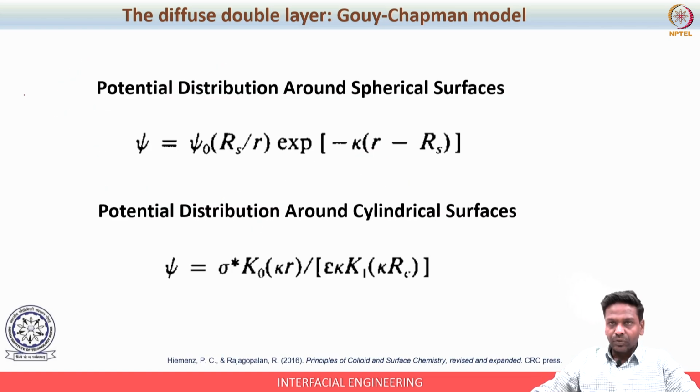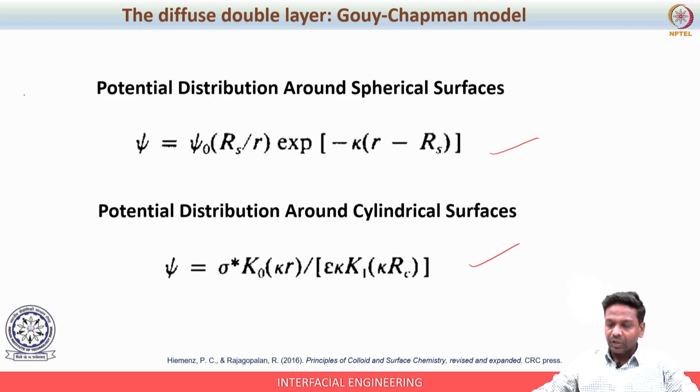Similarly, for spherical geometry as well as cylindrical geometry, one can obtain the equation of psi as a function of the radial distance as well as the electrolyte concentration, as given here. So one can use the Boltzmann distribution equation and solve for various geometries using the approach shown here.